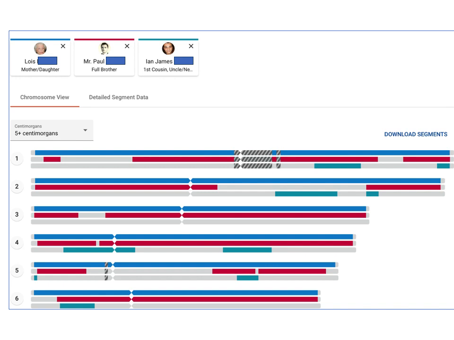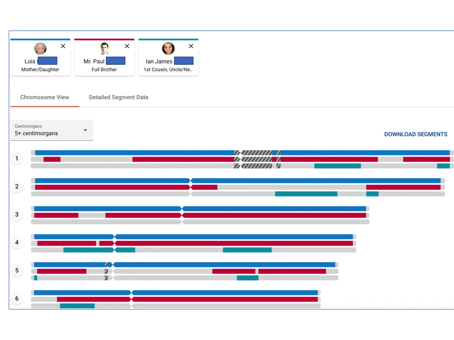And then the last one is that teal color, which shows how much DNA segment I share in common with Mr. Supreme. And of course, you can see that I share much more in common with my mother, which makes sense. I inherit 50% of my DNA from my mother.